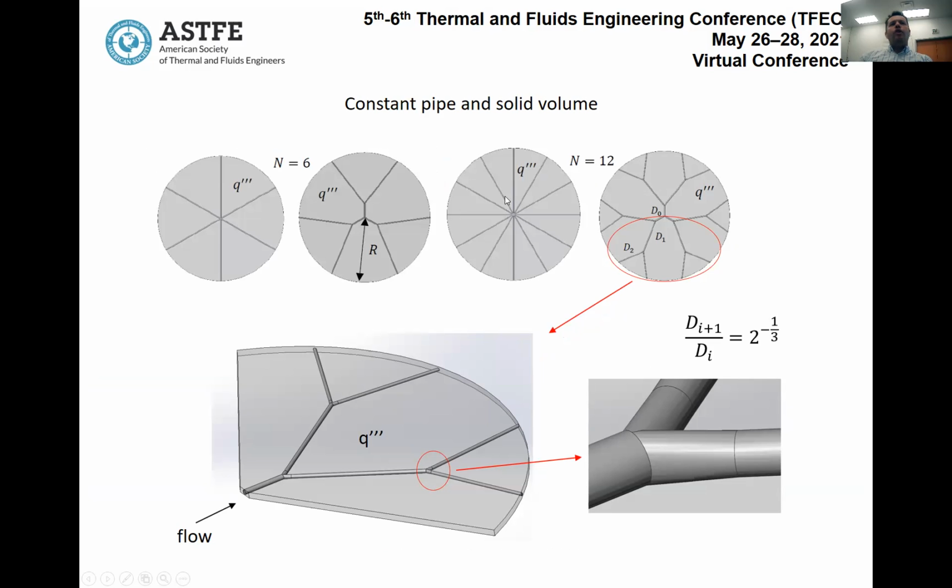we studied four geometries that are listed here. Two of them have n equal to 6 outlets, and two of them have n equal to 12 outlets. The idea is to compare the radial flow against the complex flow, or bifurcated flow, or tree-shaped network flow, for n equal to 6 and 12.